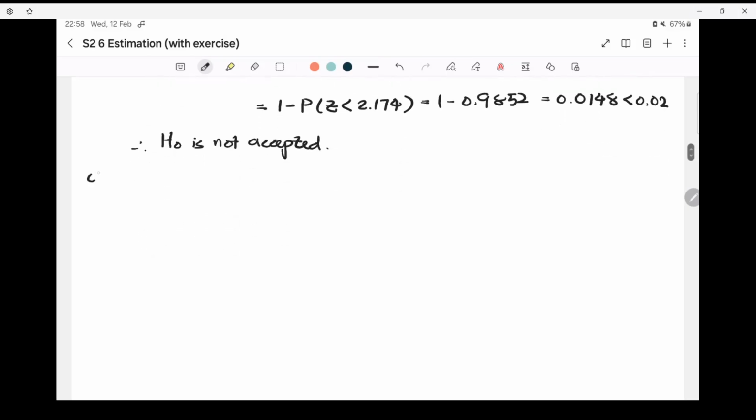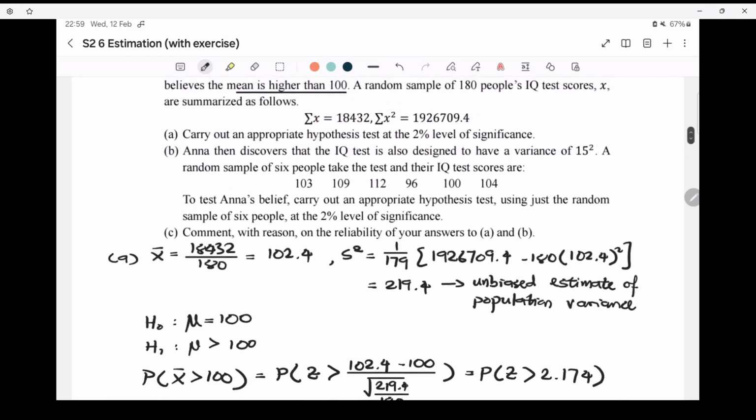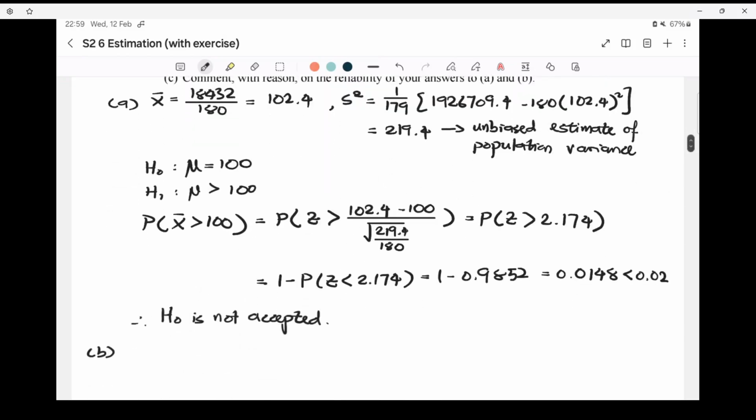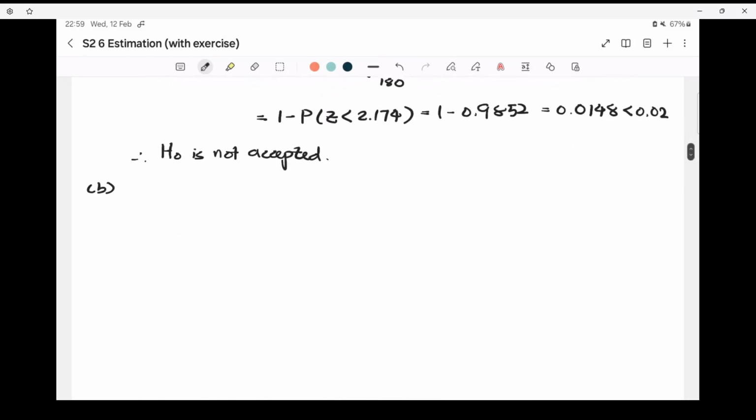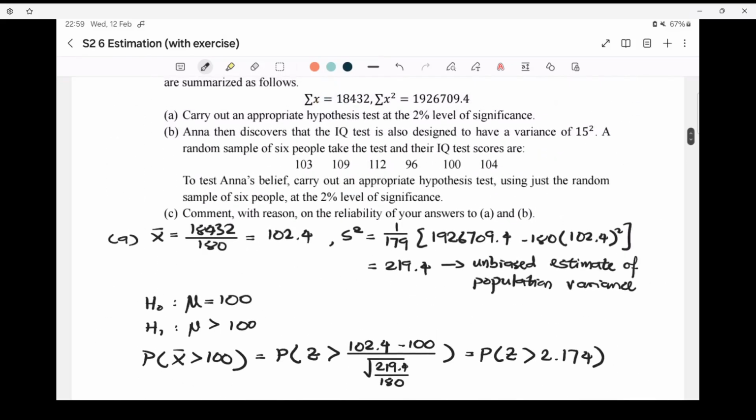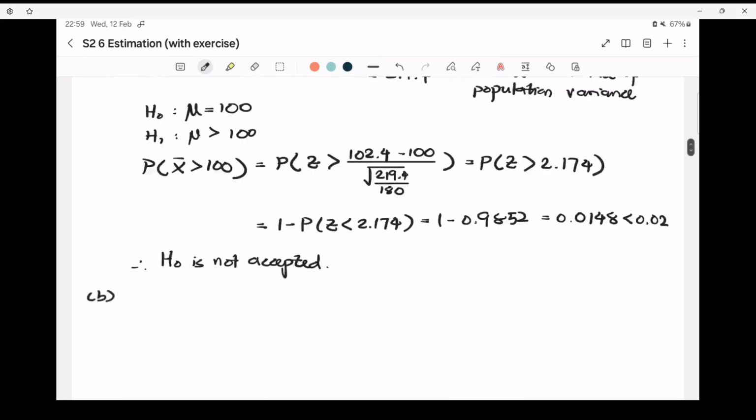Okay. So let's look at part B. Anna then discovered the IQ test is also designed to have a variance of 15 squared. A sample of 6 people have taken the test and the IQ scores are given as follows. So carry out hypothesis testing at 2% level of confidence. So now what you need to do is to find the average of these 6 people.